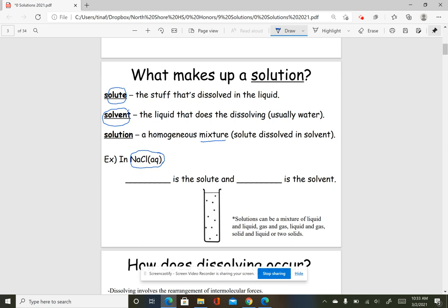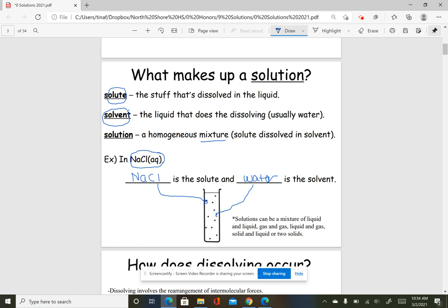Which of these things would be the solute and which of these things would be the solvent? All right, so hopefully you put down that NaCl is the solute and water is the solvent. So these are my dissolved NaCl particles here, and this is my water. And together they make up a solution.